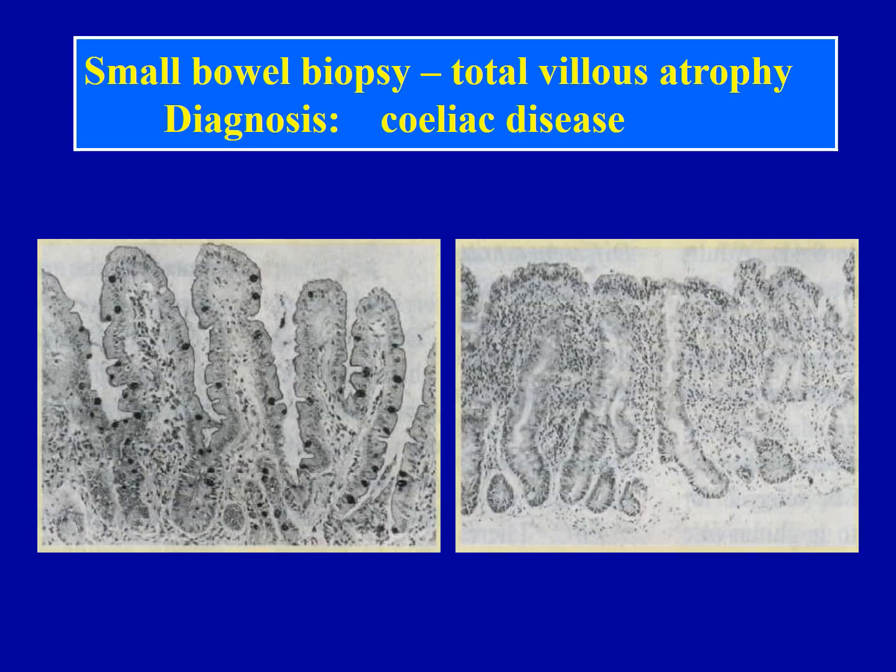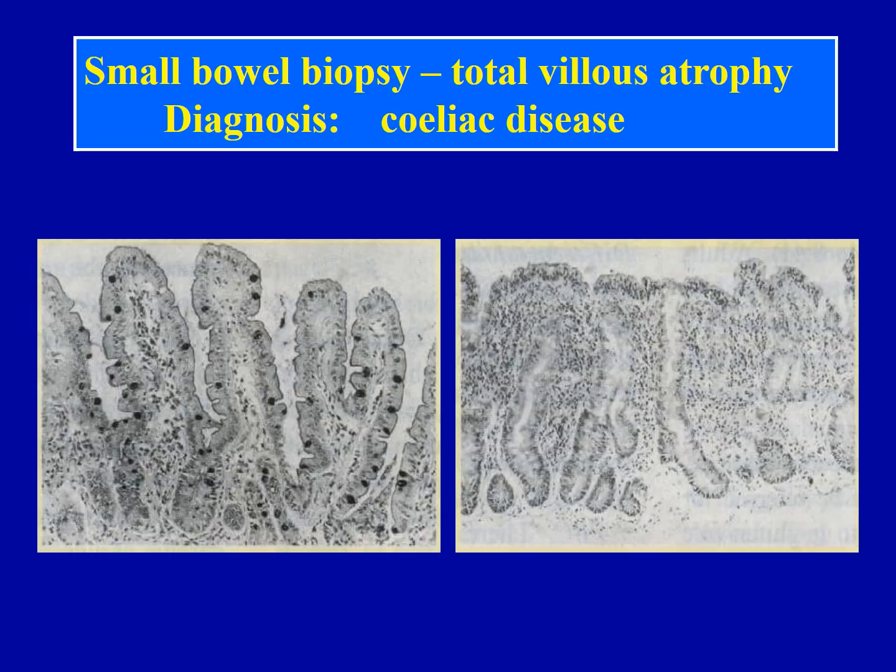So biopsy of the duodenum, which is undertaken in her case, shows on the right very marked loss, or absence really, of the normal villus architecture, which is shown in the slide on the left, which provides the enormous surface area in the small bowel that allows absorption of nutrients.